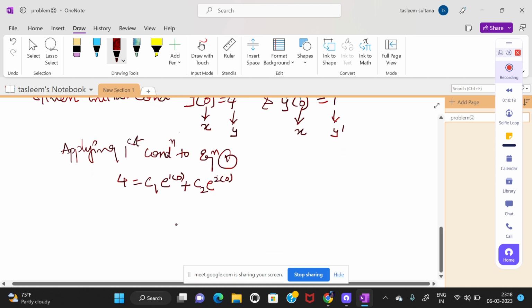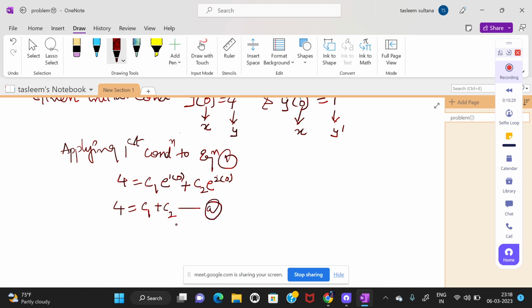Something to the power of 0 is equal to 1. So we got equation A: 4 equals C1 plus C2.